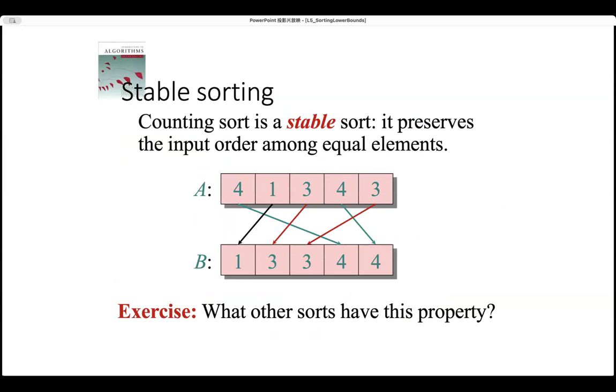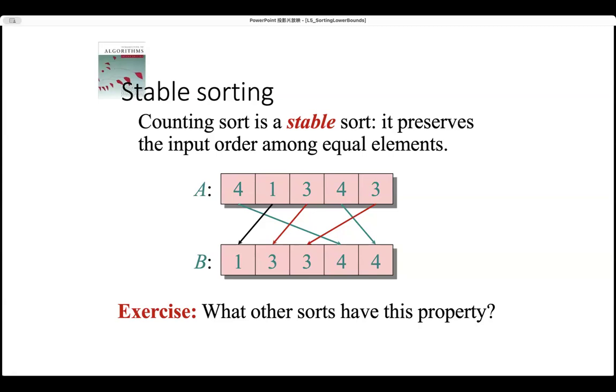We know that when we sort numbers, smaller numbers should be moved to the front, and large numbers will be moved to the back of your array. That's not something that we are discussing here.